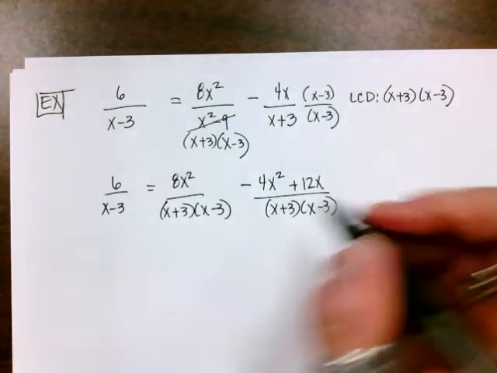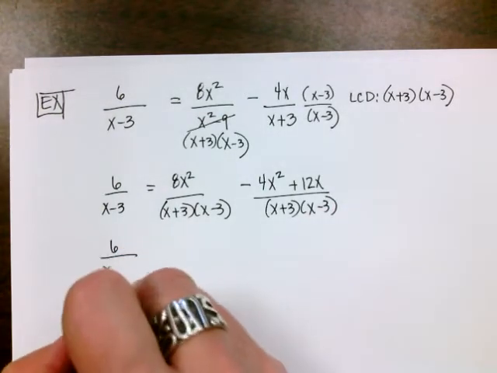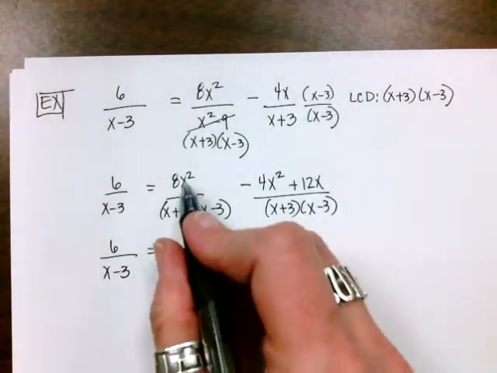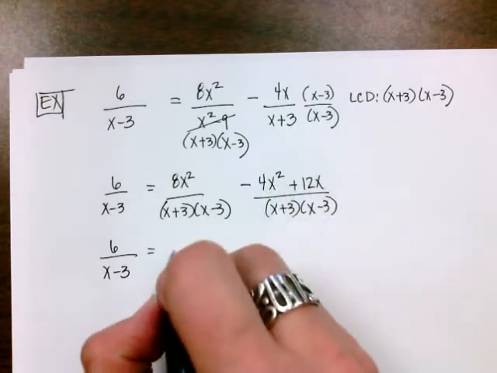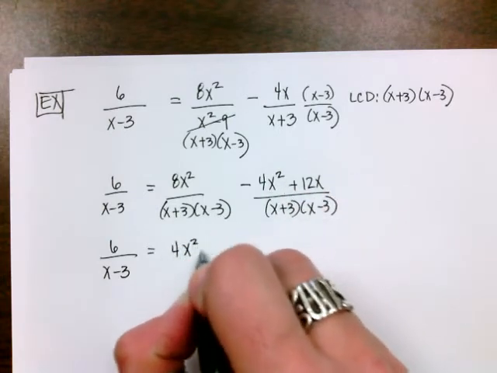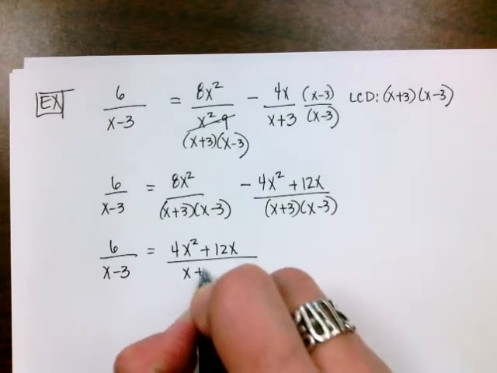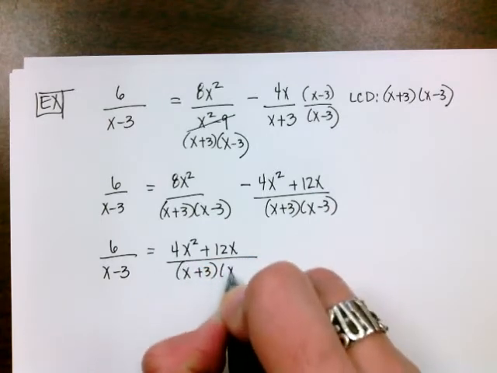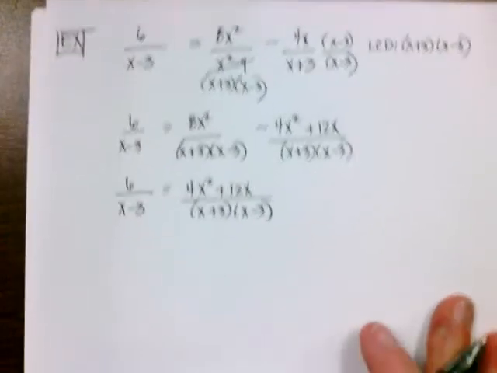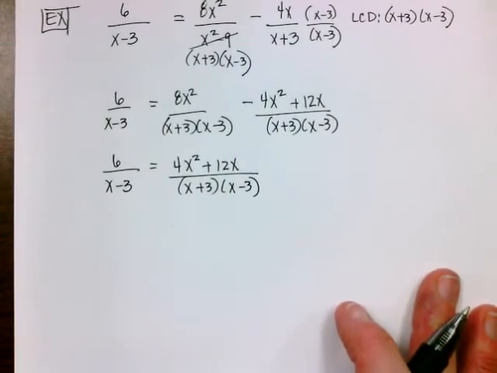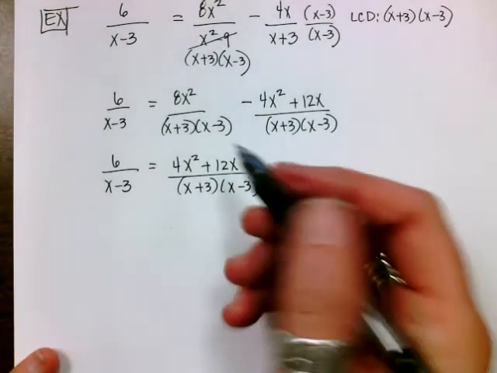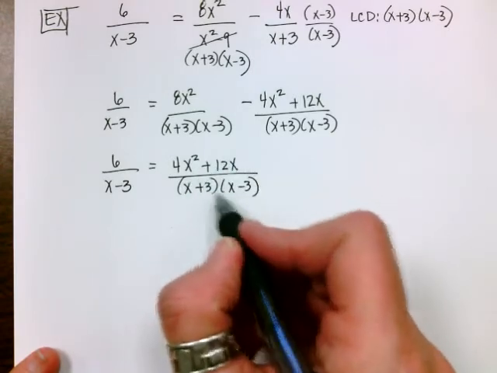So if I simplify, I'm going to have 6 over x minus 3. 8x squared minus 4x squared is going to be 4x squared plus 12x over x plus 3 and x minus 3. So the top has 4s and 12s and x's and 3's, and I'm assuming that I might be able to simplify this.